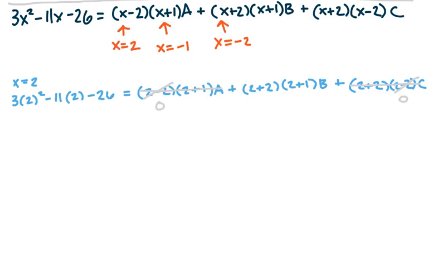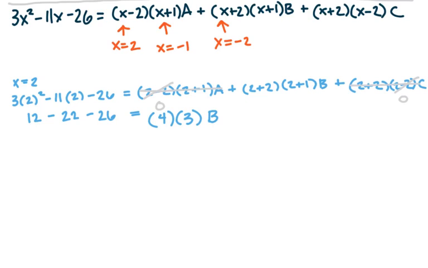So what I'm left with, 3 times 2 squared is 4, so I have 12 minus 22 minus 26 equals 0A. I don't need to write that. And then I have 2 plus 2, that is 4. 2 plus 1 is 3B.